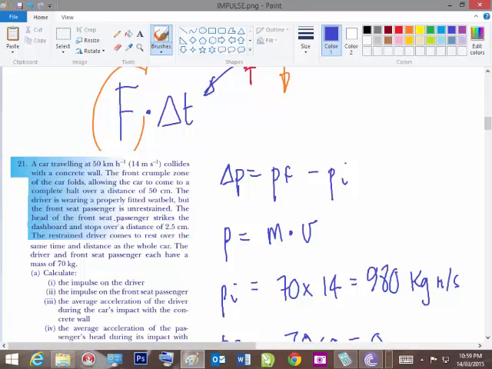It says the restrained driver comes to rest over the same time and distance as the whole car.